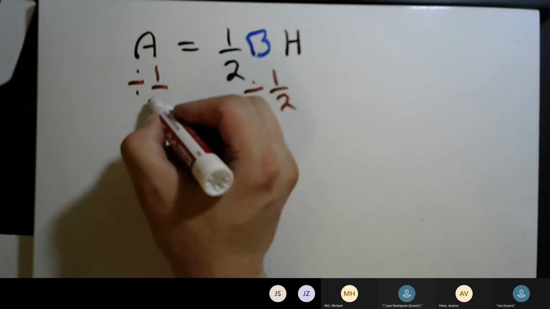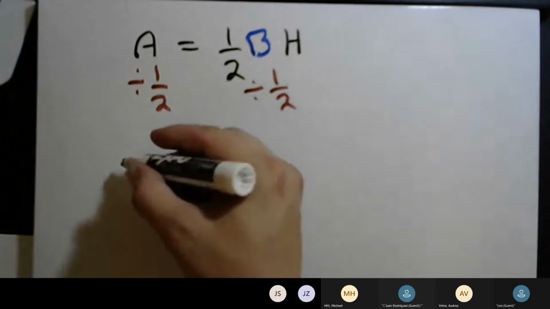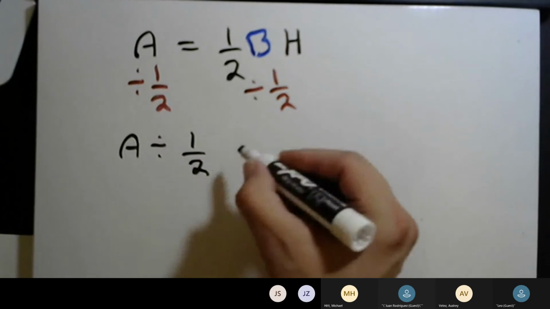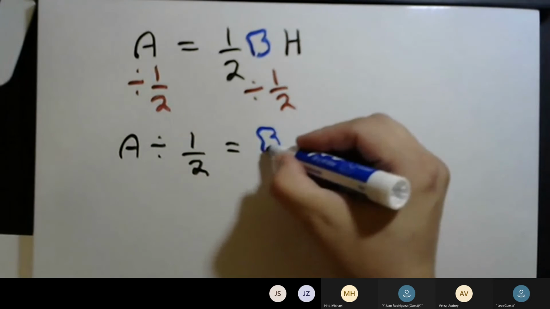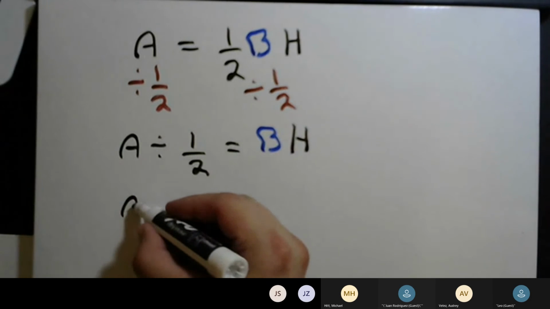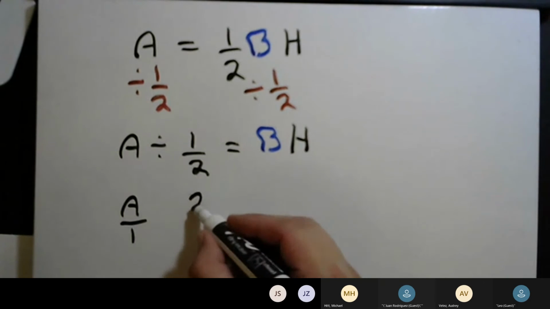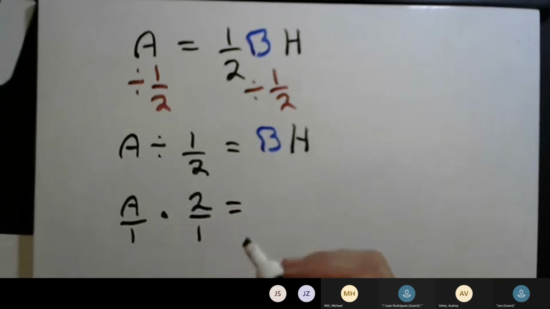Then we do the same on this side. And so what happens on the other side, we get a divided by 1/2 equals b times h. So you don't have to do anything with this reciprocal stuff. You can ignore it if you want. And we're going to do fraction division. So we give this a denominator of 1. We flip this to be 2/1. Division becomes multiplication.